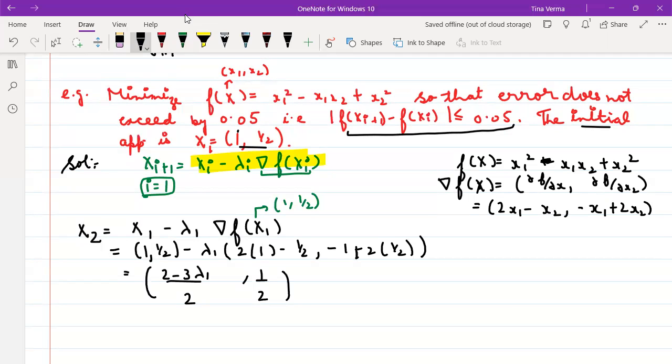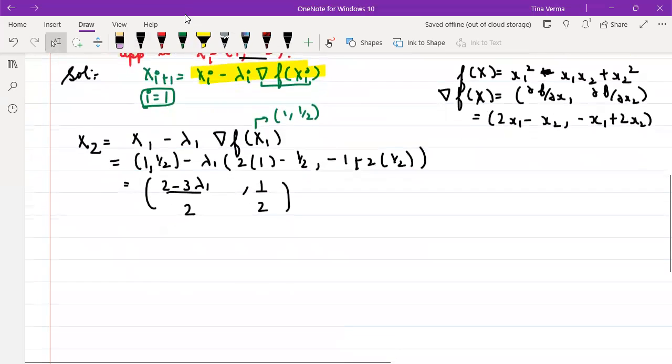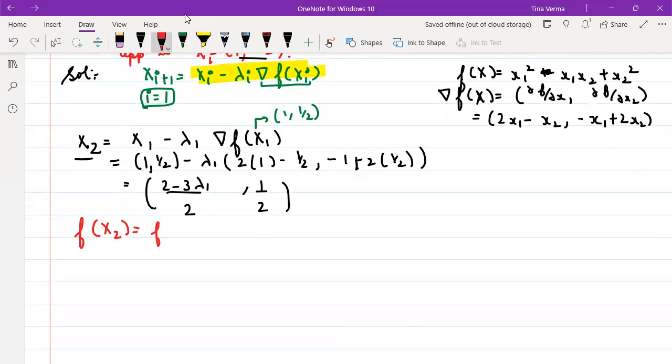You have to stop and you have to check the function's value at f of xi plus 1 minus f of xi, right? इसका मतलब क्या है कि you have to substitute this value in your function, or this is the method that whenever you calculate any value, you will substitute this value in your function f of x2. x2 आपका function क्या है? x2 अब आपकी value क्या है?